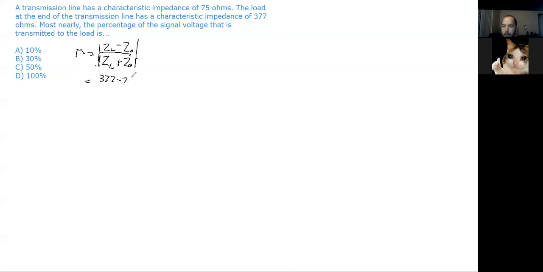I just saw the formula because that's another part to it. So it also equals V minus over V plus. So I'm guessing that's the ratio, right? Yeah. So we need the gamma constant so that we could figure out the percentage transmitted.